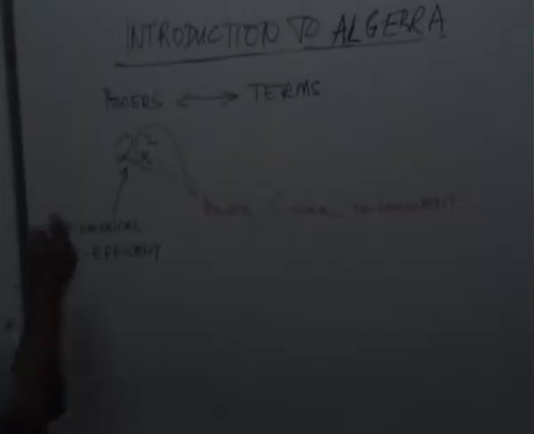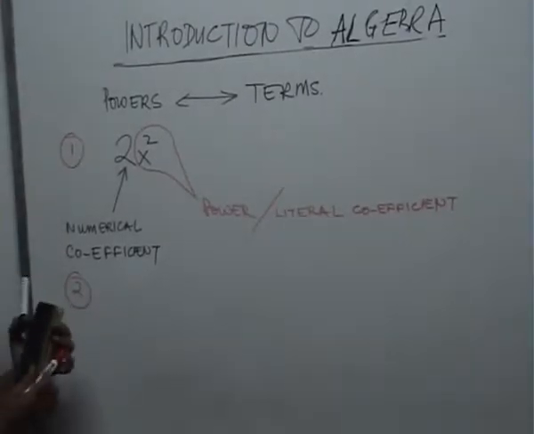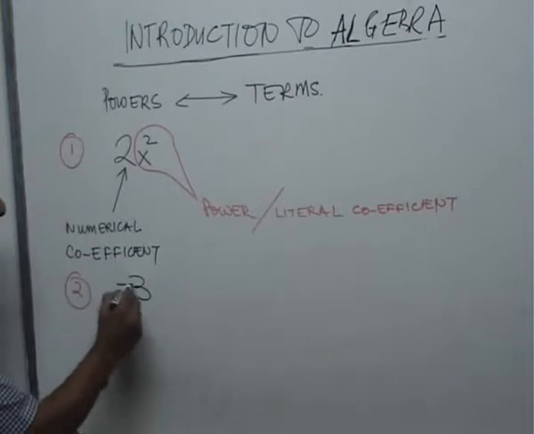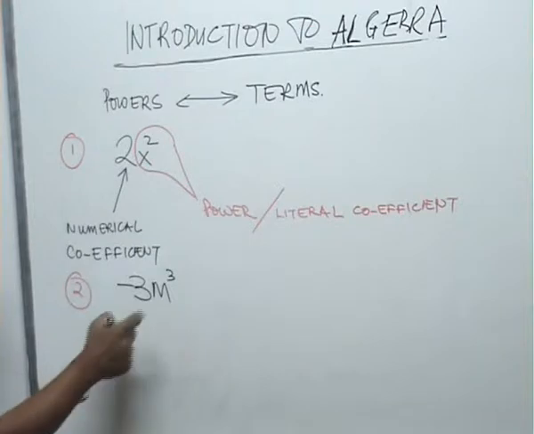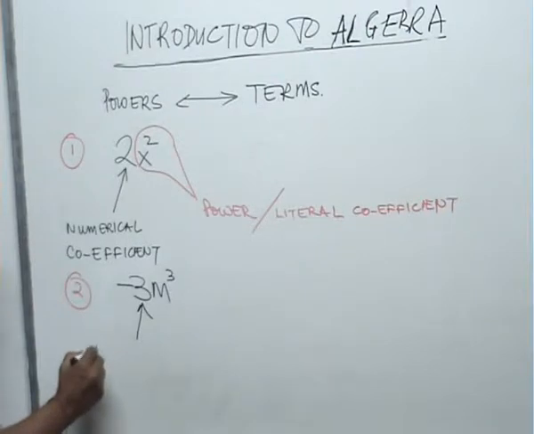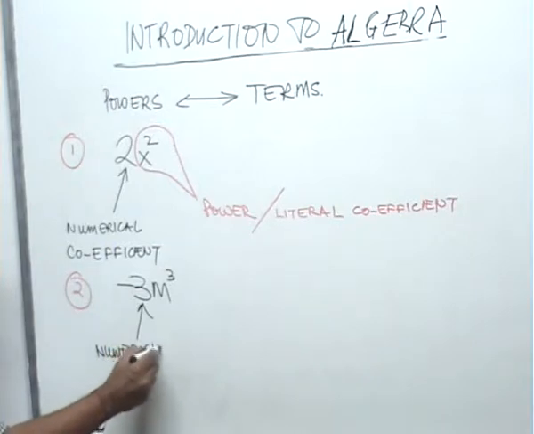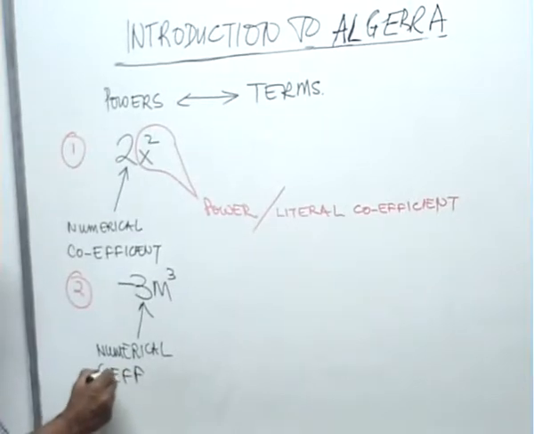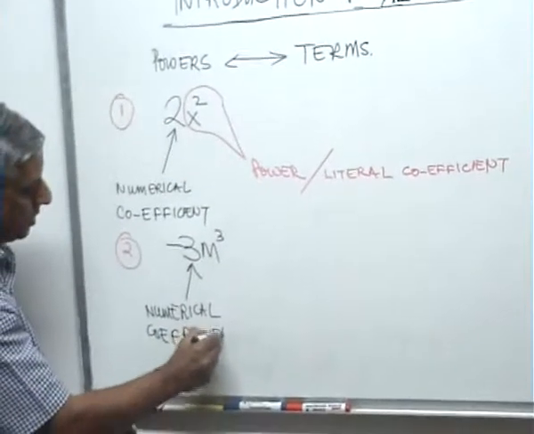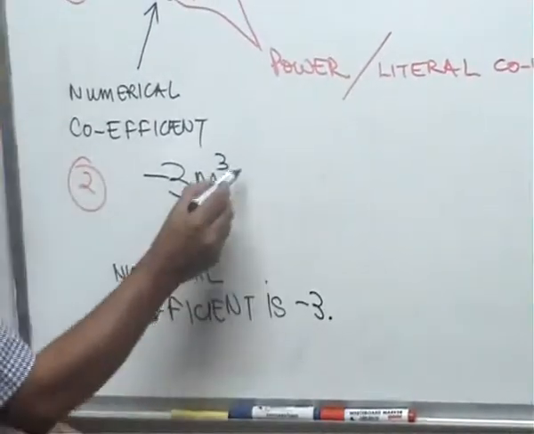Right. Now let's look at another example. Minus 3m cubed. Now we are looking at a term here. This term is made up of two parts. The numerical coefficient is minus 3.